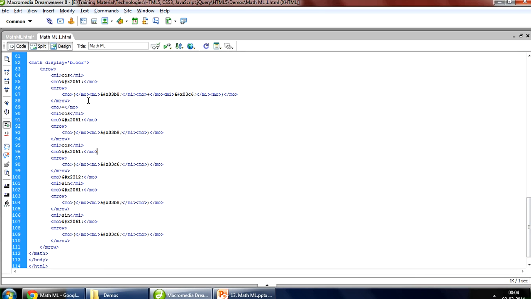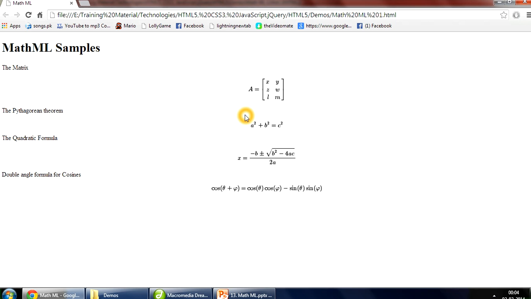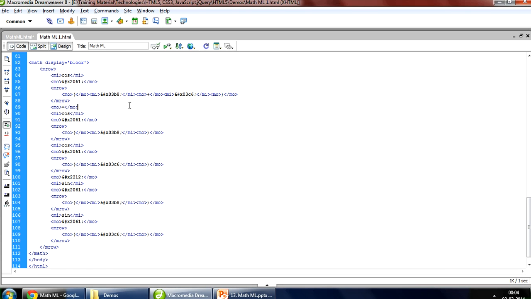After that I have written another row, that is like a square, and then the plus sign, this one is for theta, then plus, then again, so it will make a syntax for it like this. After that I have the equal to sign, then again I have a cos. So like this you can make your own formula for that.